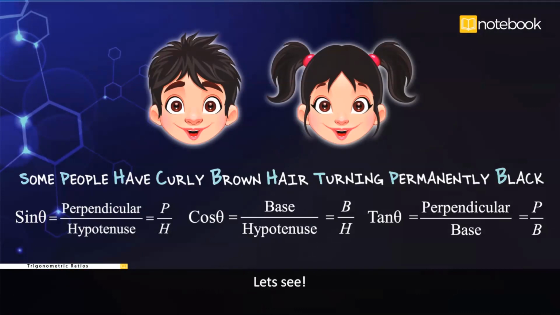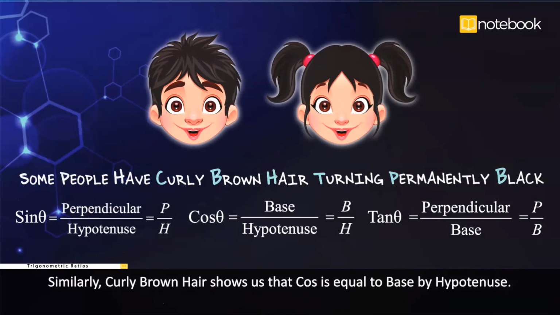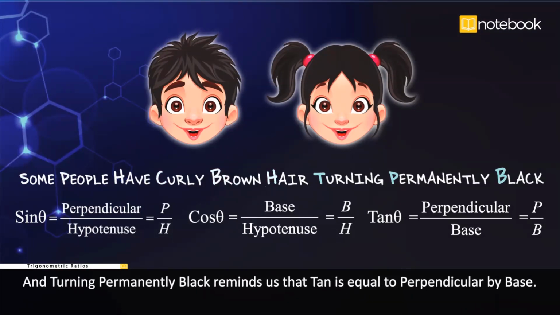Some people have is a way of remembering sine is equal to perpendicular by hypotenuse. Similarly, curly brown hair shows us that cos is equal to base by hypotenuse, and turning permanently black reminds us that tan is equal to perpendicular by base.